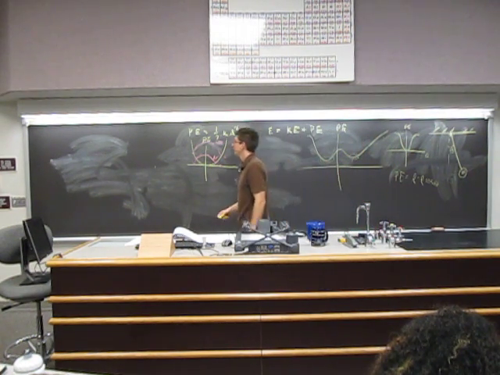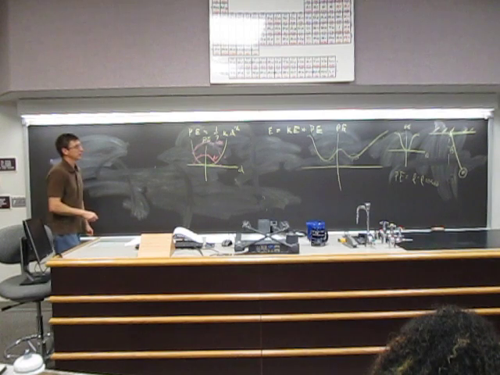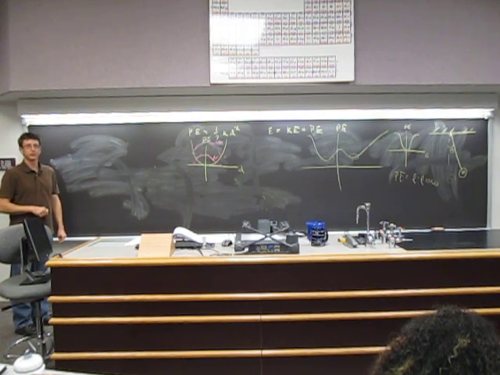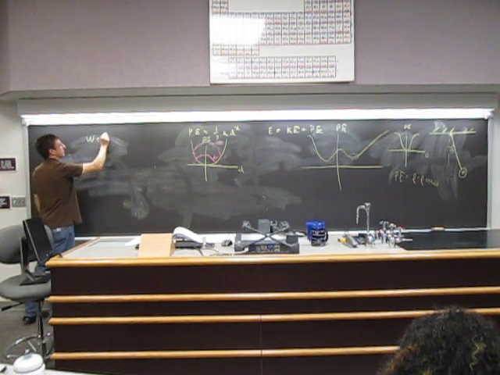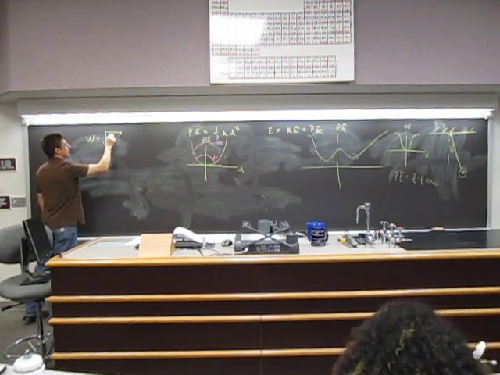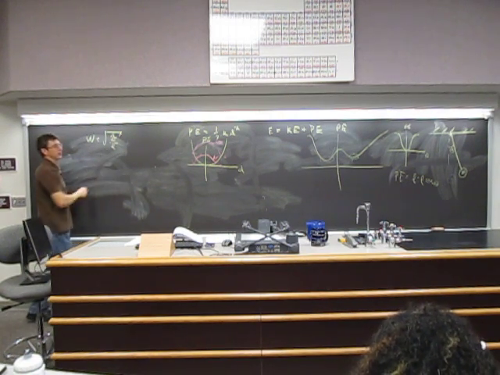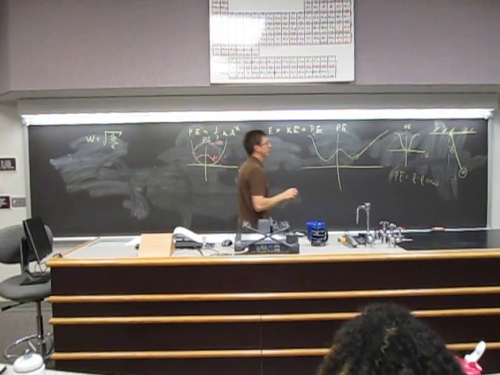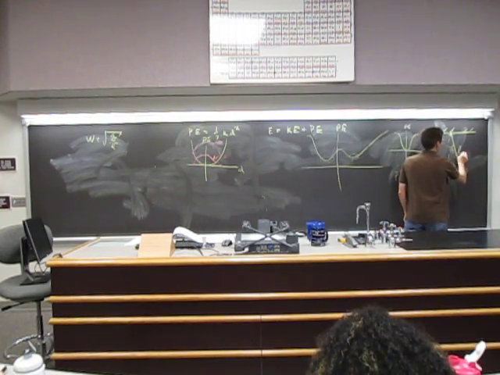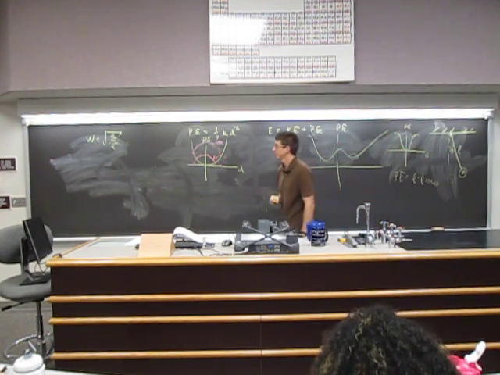And so the idea is, for a small angle near the equilibrium position, the pendulum behaves like simple harmonic motion. The only difference is that omega is the square root of g over L instead of the square root of k over m, where L is the length of the pendulum, and g is the acceleration due to gravity.